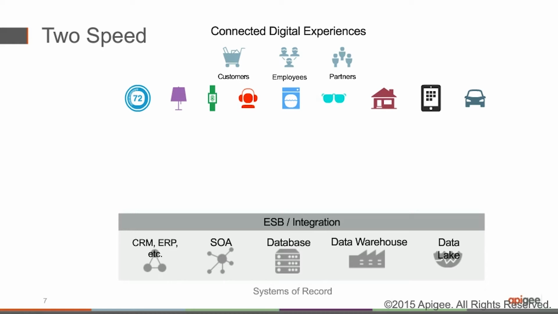You've got the classic world of enterprise IT, where you have CRMs, ERPs, SOA integrations, databases, data warehouses, data lakes, tied together with ESBs or other types of heavyweight integration. And then you've got a world that needs to be supported that's made up of your customers, employees, and partners who are using any number of mobile devices, watches, connected cars, connected homes, etc.